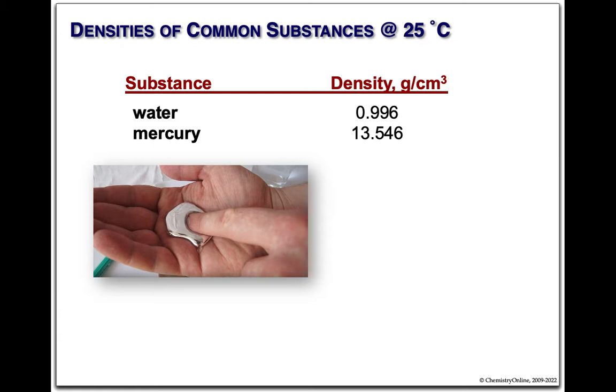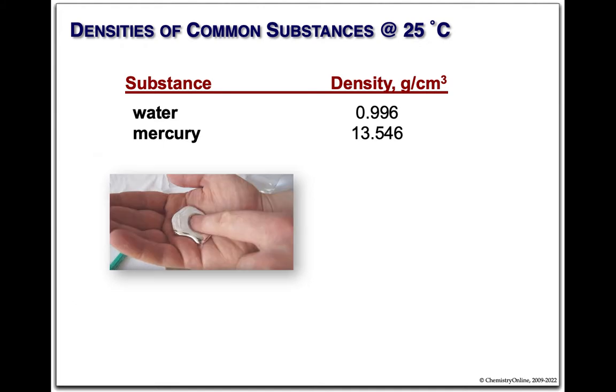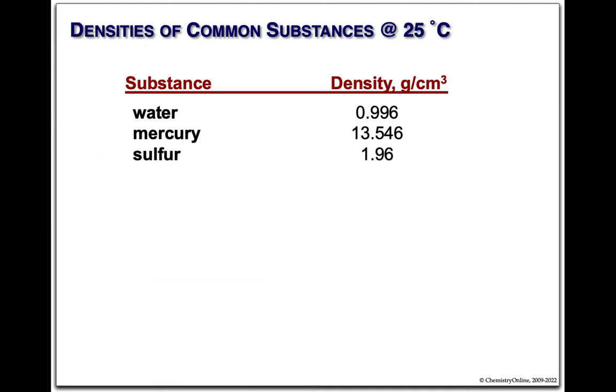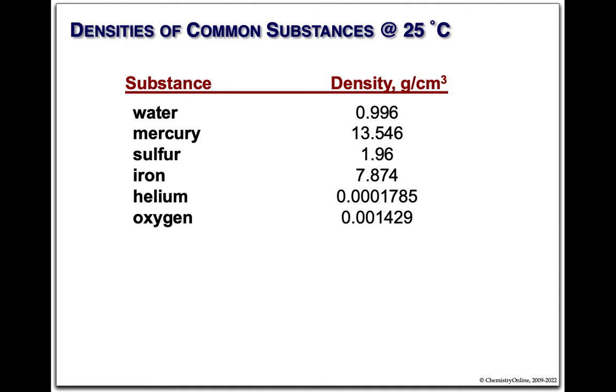Density 13.5 grams per cubic centimeter. So 13.5 times heavier than the same volume of water. Sulfur is about 2-ish. Iron, 7.8.